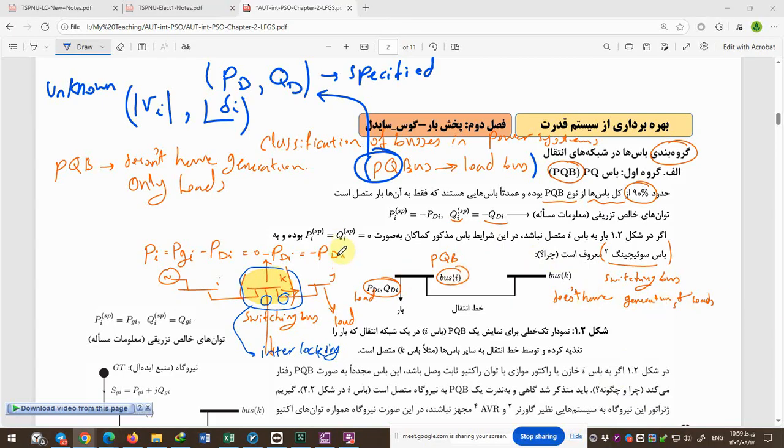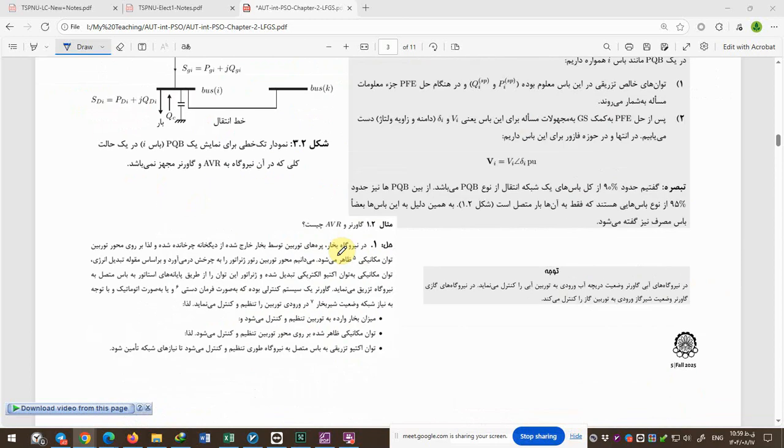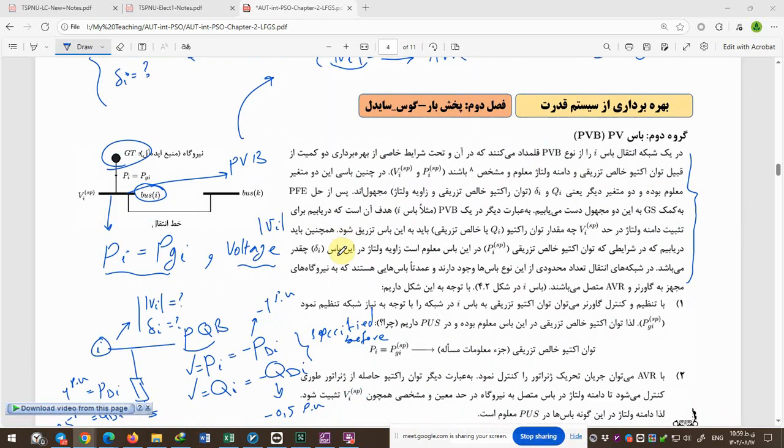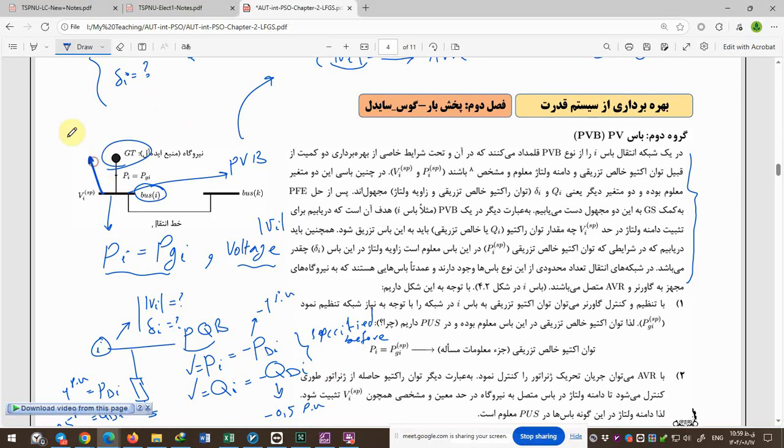Another group of buses is the PV bus. A PV bus is a specified bus which has a generator or generation. For example, this bus is a PV bus. Which parameters are specified?